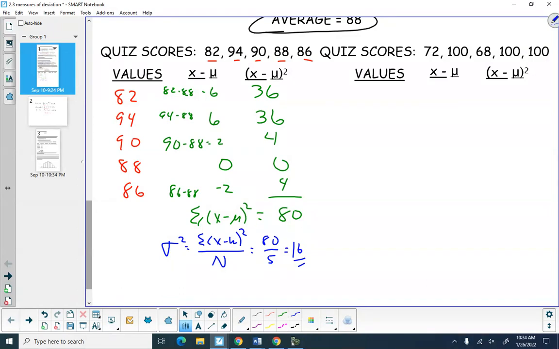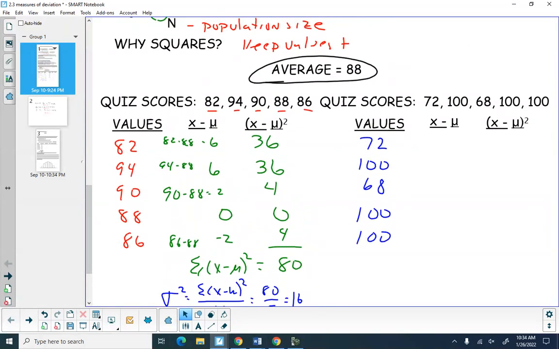Now what I want you to do is recopy our values over here and calculate your variance for your second set of data. Now you don't have to write this in here. I just wrote it in here to show what we're doing. Value minus mean. My mean is still 88.